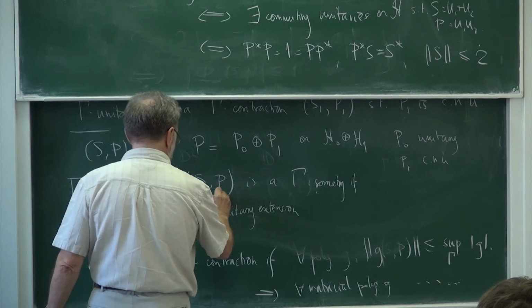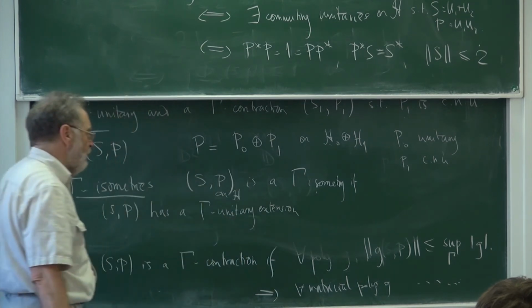So say S, P is on H. What do I mean by a gamma unitary extension?